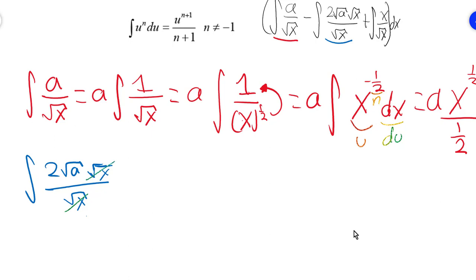And we're gonna be left with the integral of 2 times the square root of a. Now at this point, by the way, I'm missing here dx and dx. By this point, we should know that all we gotta do is remove this d right here.